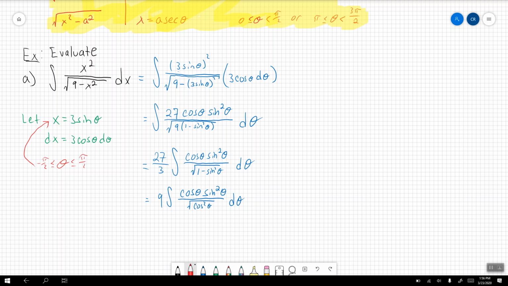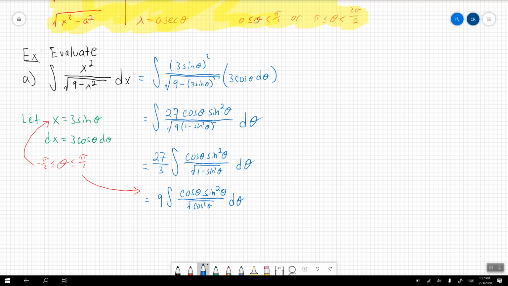Now, that's really nice because, working with this part here, would you agree that theta bounded between negative pi halves and pi halves is really just identifying quadrants 1 and 4? Think about cosine of theta values within those quadrants. Any cosine values of those angles will always give you some positive value within quadrant 1 and quadrant 4.